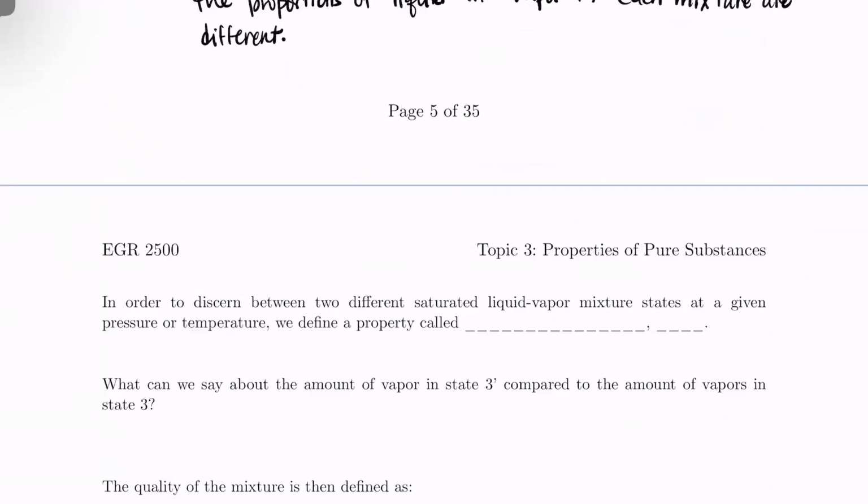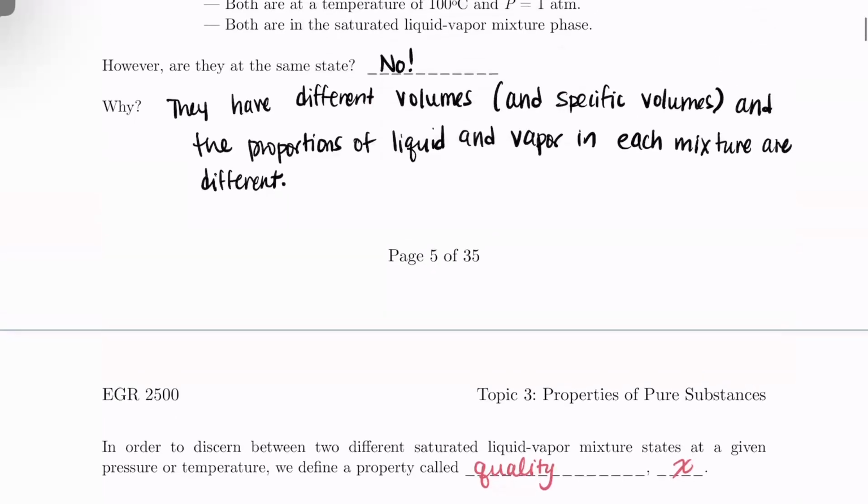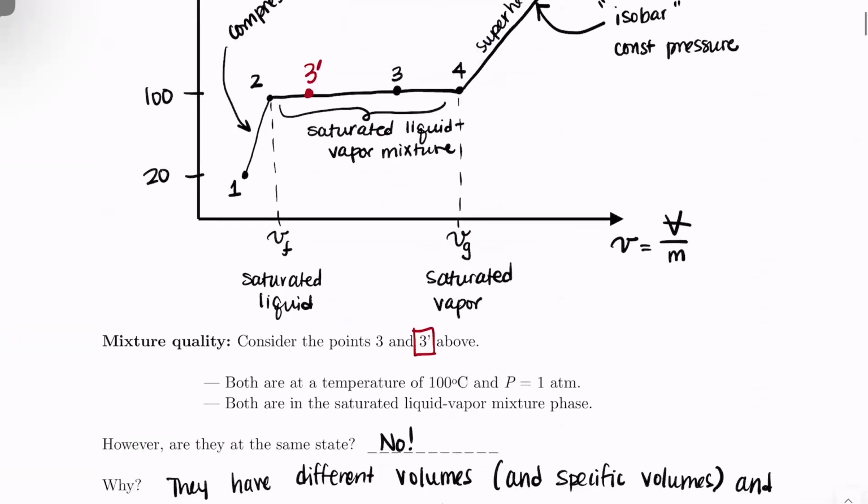So in order to differentiate between two different saturated liquid vapor mixture states at a given pressure or temperature, we're going to define a property that we call the quality, and it's going to be assigned the symbol X. Comparing state 3 prime with state 3, what can we say about the amount of vapor in state 3 prime versus 3?